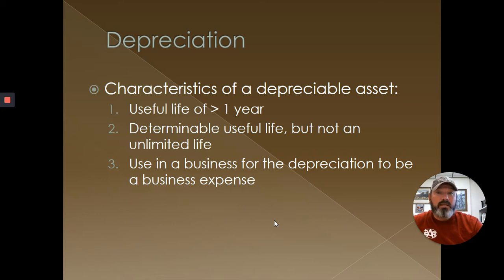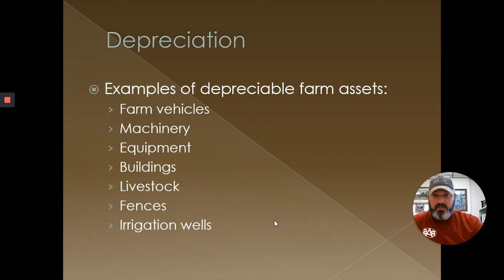So therefore, land is not depreciable because we expect, number one, that it has basically an unlimited useful life. And number two, it should actually appreciate in value. So again, we utilize depreciation and count that in our accounting records as a business expense.